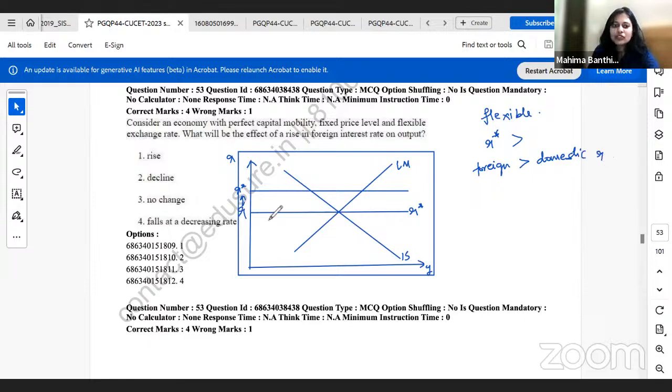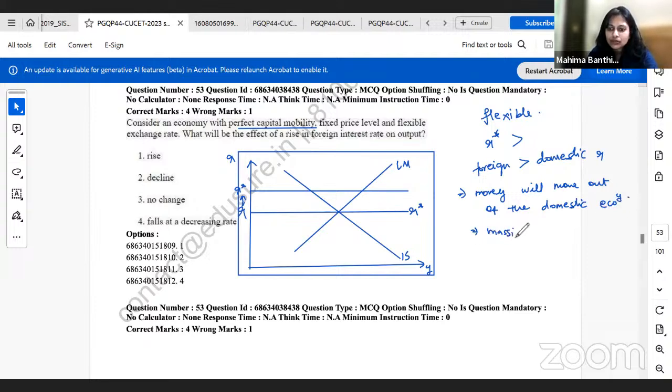And because of perfect capital mobility, money will start moving out of the domestic economy, right? So money will move out of the domestic economy. This pretty much means there will be massive capital outflows.